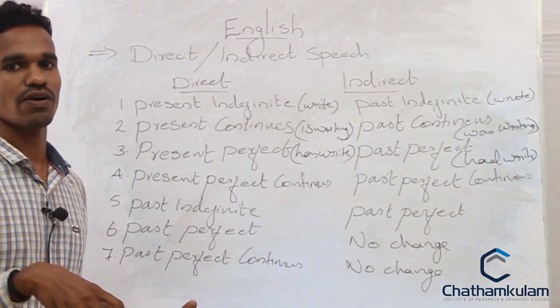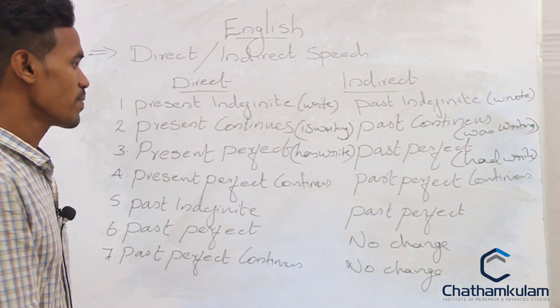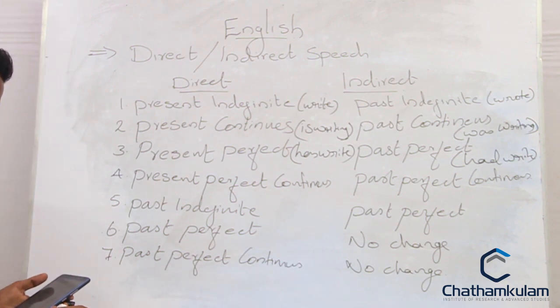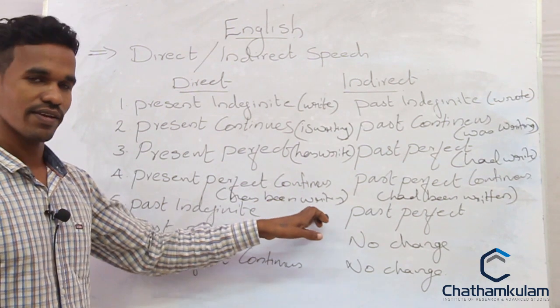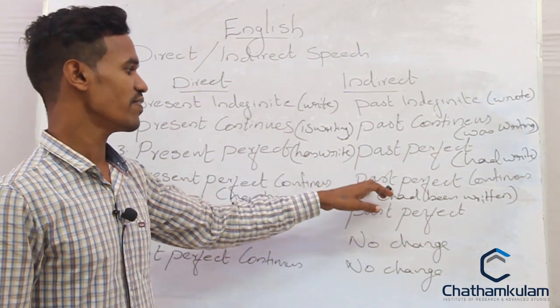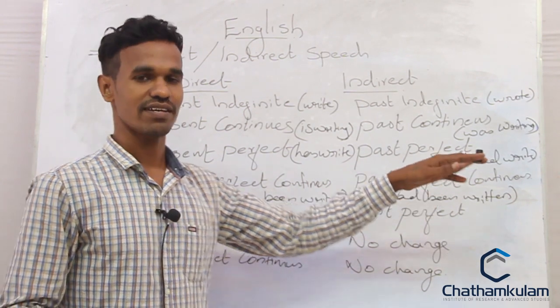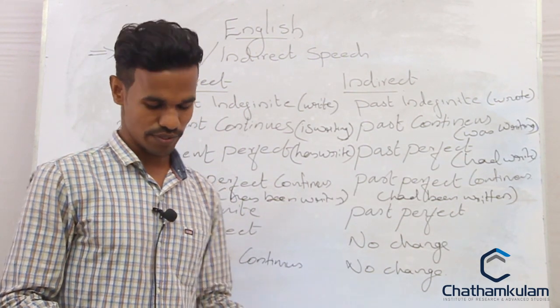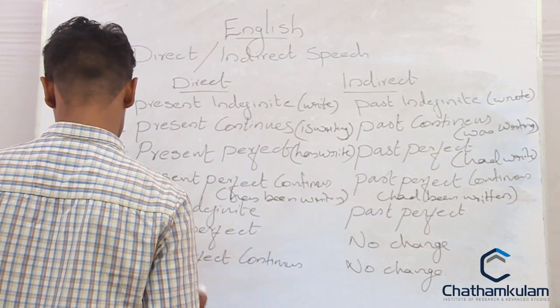That is something that has already happened, and normally we term it as had. Then come to the fourth one, present perfect continuous, for example has been writing. We will term it as past perfect continuous. It will change into had been writing. Fifth one is about past indefinite.